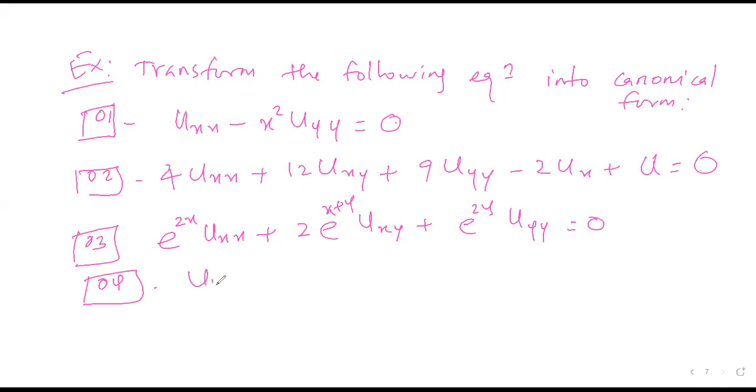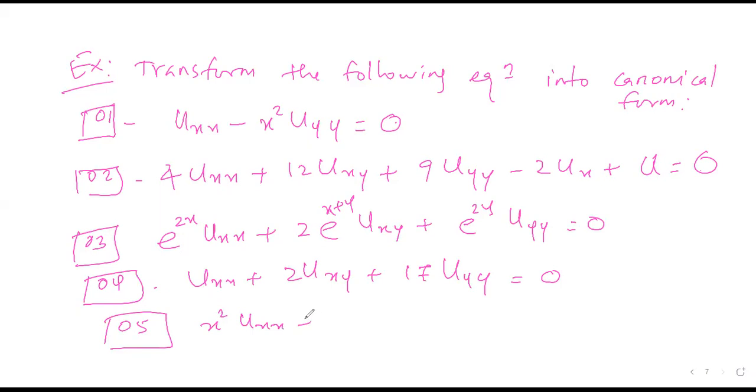Fourth one can be u xx plus 2xy u xy plus 17 u yy is equal to 0. Fifth, let's say x squared u xx plus y squared u yy is equal to 0. Please write down quickly and take a screenshot if you want.